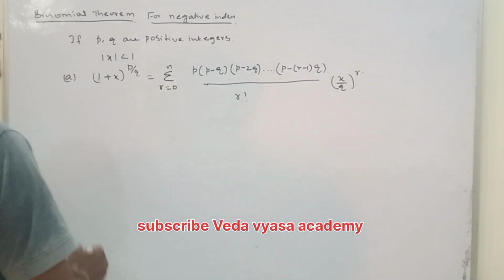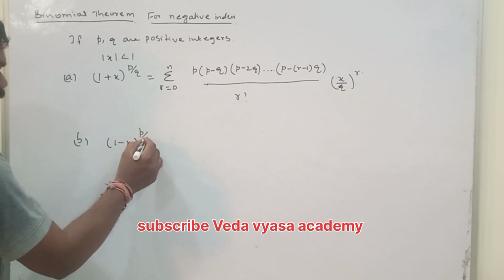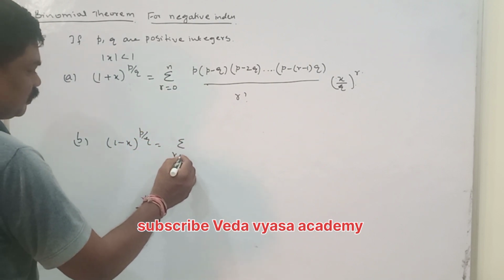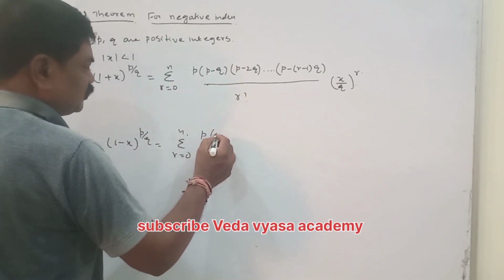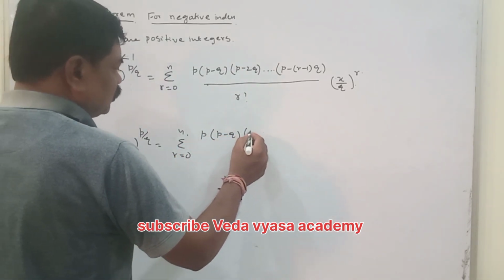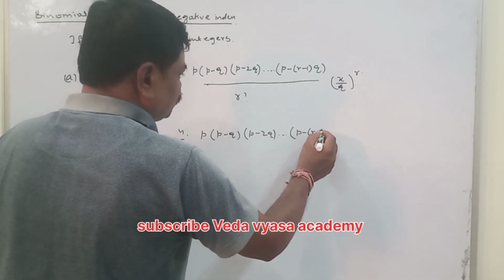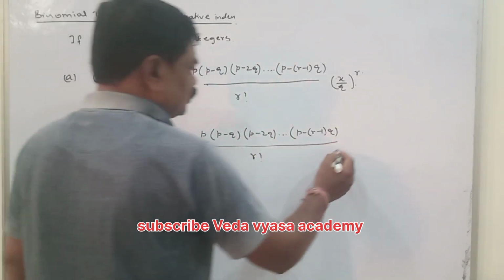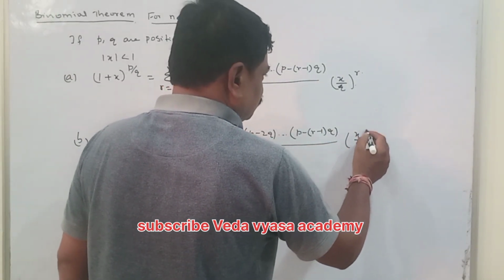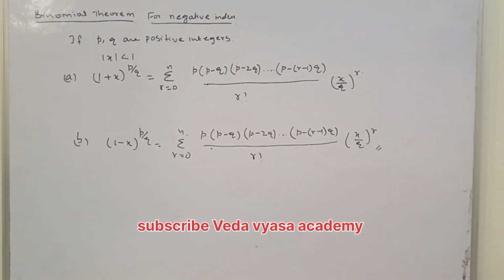Okay, here (1 minus x) whole power p by q is equal to sigma r equals 0 to n, p into p minus q, p minus 2q, and so on, p minus (r minus 1)q by r factorial, into (x by q) whole power r. Okay, this is how the expansion can be written.